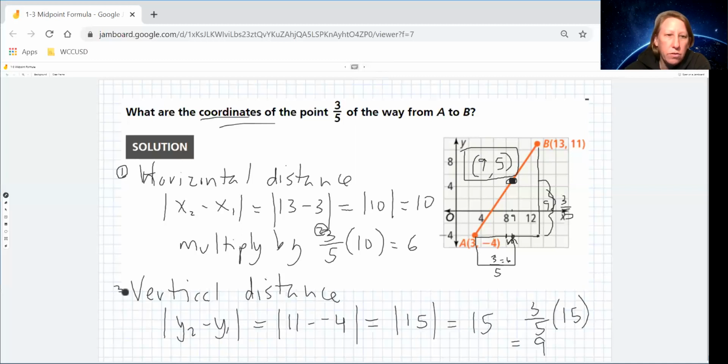Then you find the vertical distance, and you multiply it by whatever number you wanted. And then the last step was to add the two numbers that you got. So here we add 6, and here we added 9. And that gave us our final answer. 3 plus 6 is 9, -4 plus 9 is 5.